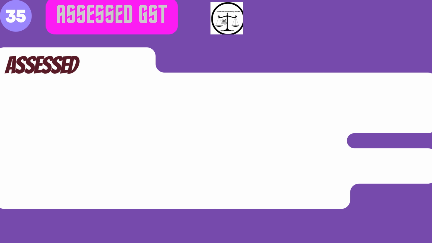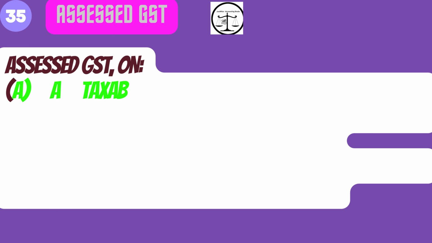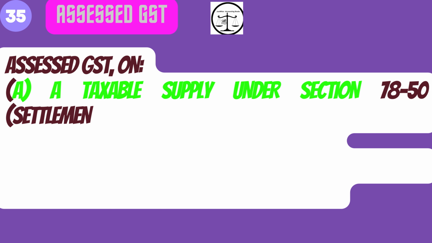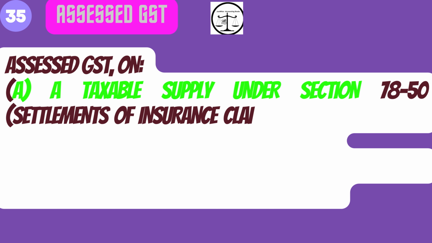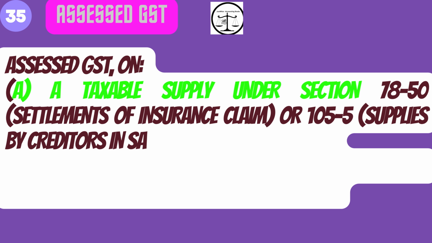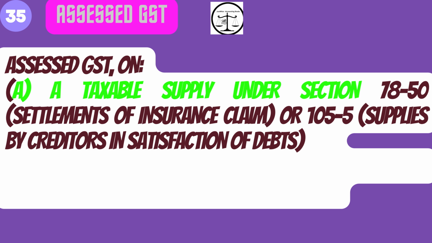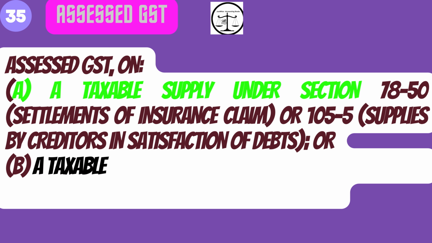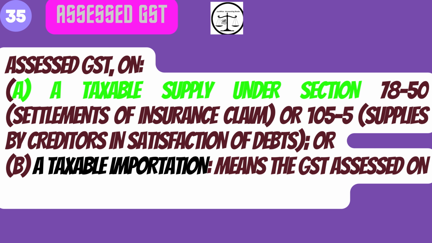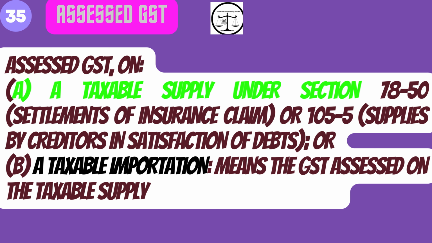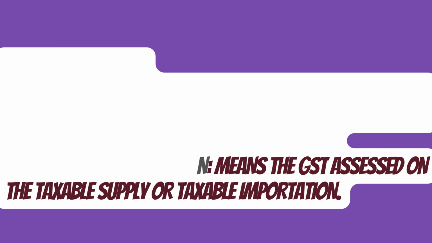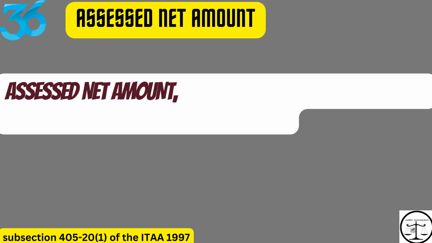Word number 35. Assess GST. Assess GST on a taxable supply under section 78-50, settlements of insurance claim, or 105-5, supplies by creditors in satisfaction of debts, or a taxable importation, means the GST assessed on the taxable supply or taxable importation. 36.